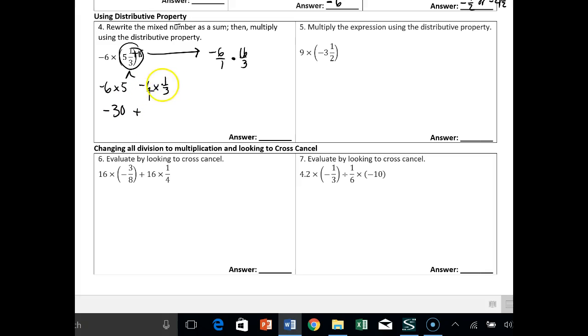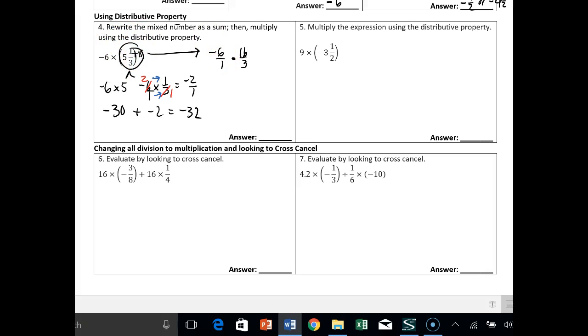So 6 times 1/3. So 6 over 1. Let's go ahead and cross cancel. That becomes a 1. This becomes a 2. Multiply straight across. What do I get? I get -2 over 1, or -2. So here I get -32, by saying, hey, I'm going to do -6 times 5 and -6 times 1/3.